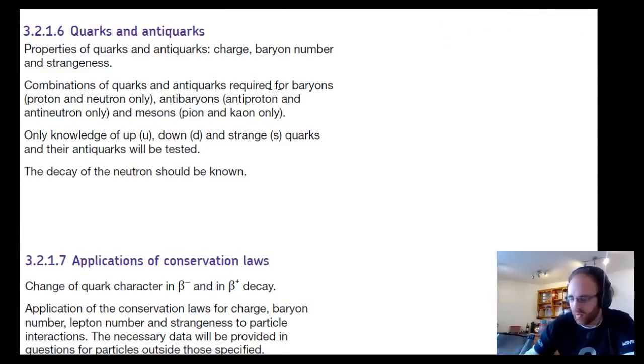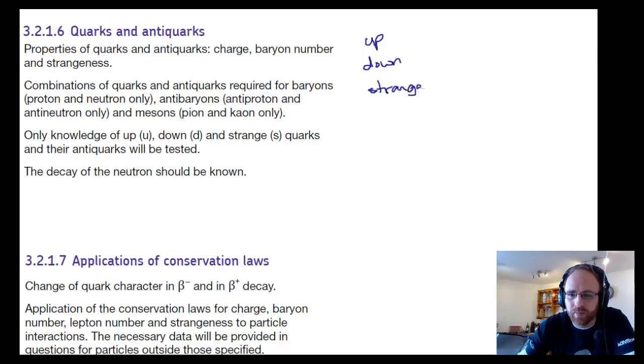Okay. Properties of quarks and antiquarks. So we've been talking about quarks quite a lot, and we have to talk about an up quark, a down quark, and a strange quark. So their symbols are up, down, strange. They each have an antiparticle. Up quarks have a charge of +2/3.